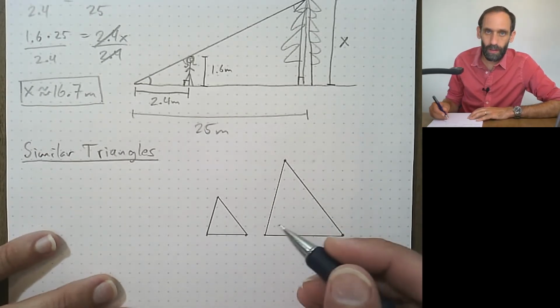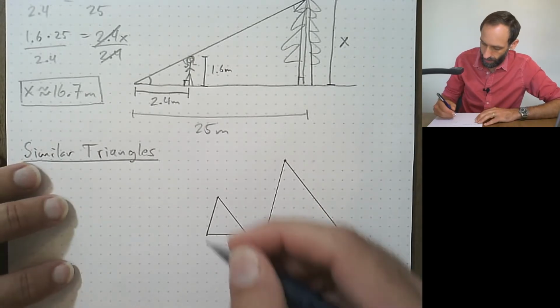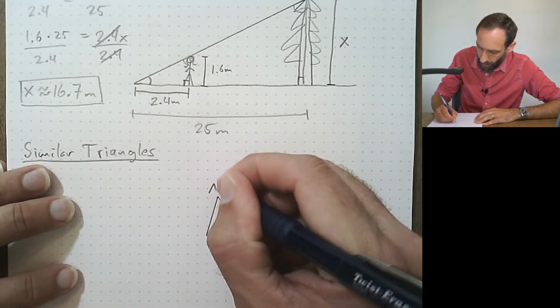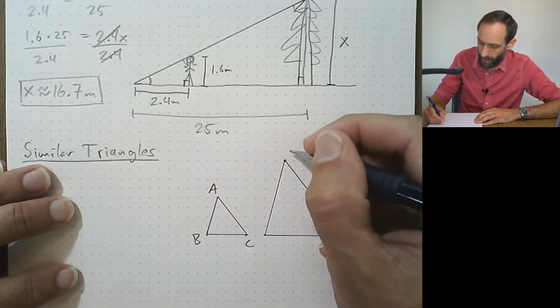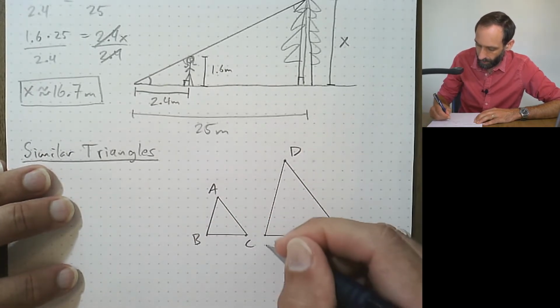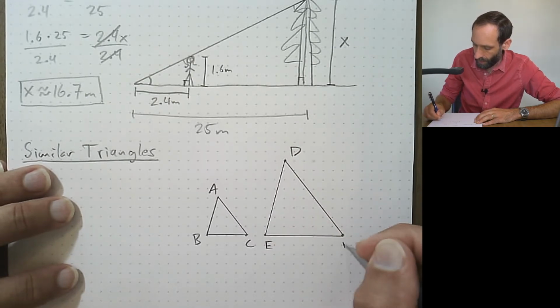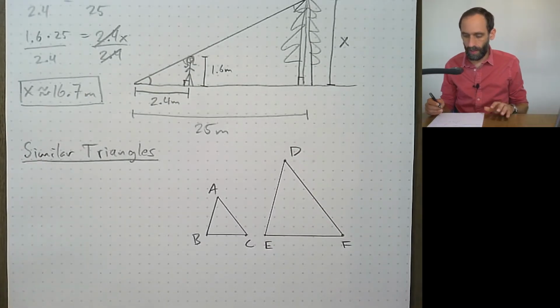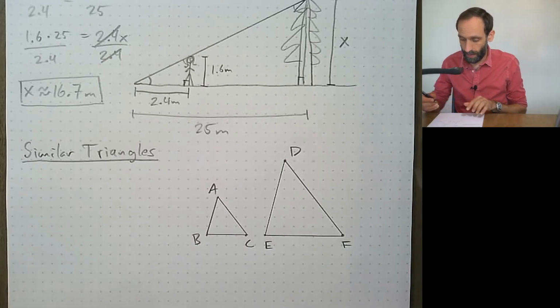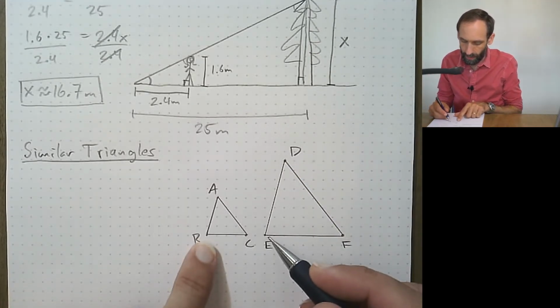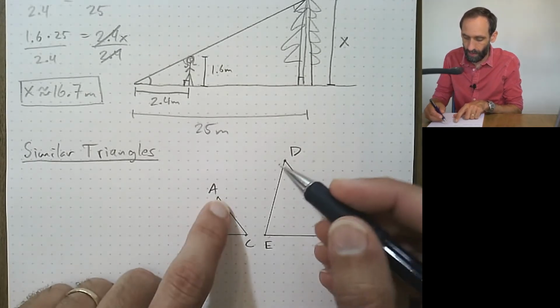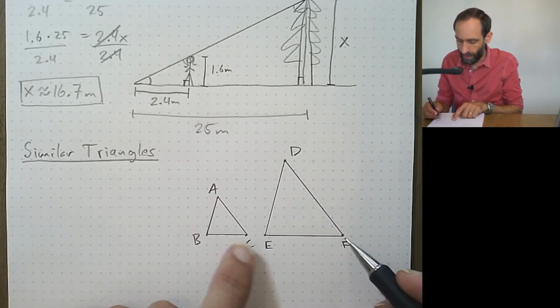I've drawn here on my paper two similar triangles, and we'll call the first triangle A, B, C. We'll call the second triangle D, E, F. And we're going to say that the angles B and E are the corresponding angles that are equal, A and D are equal, and C and F are equal.